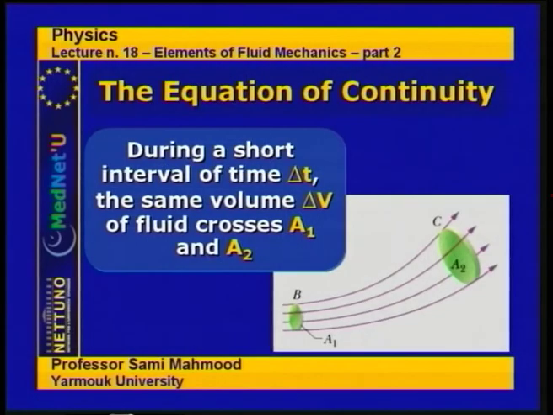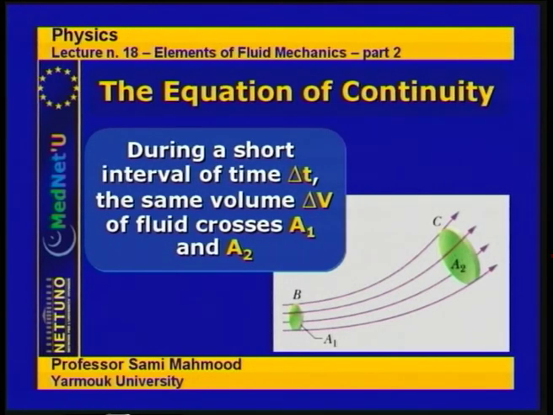And this will lead us to what we call the equation of continuity, because if we consider a tube of flow, then at point B, we have the area between the streamlines is A sub 1, and the area at another point in the flow tube is A sub 2.